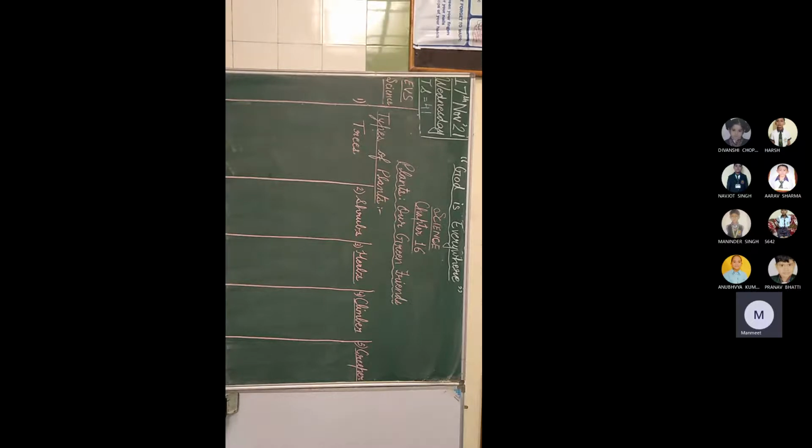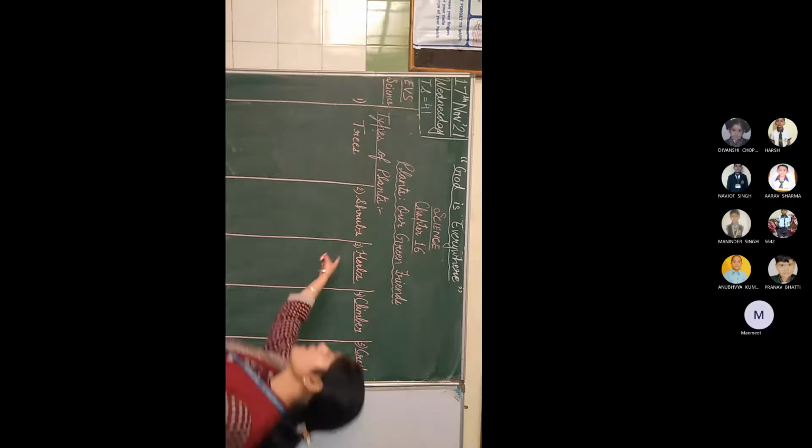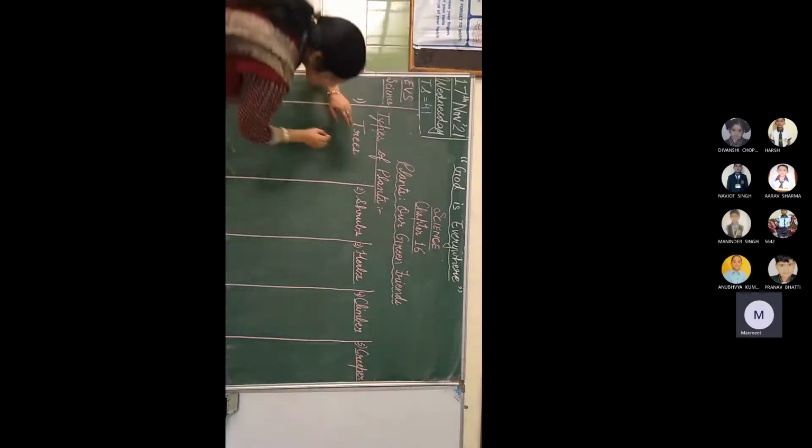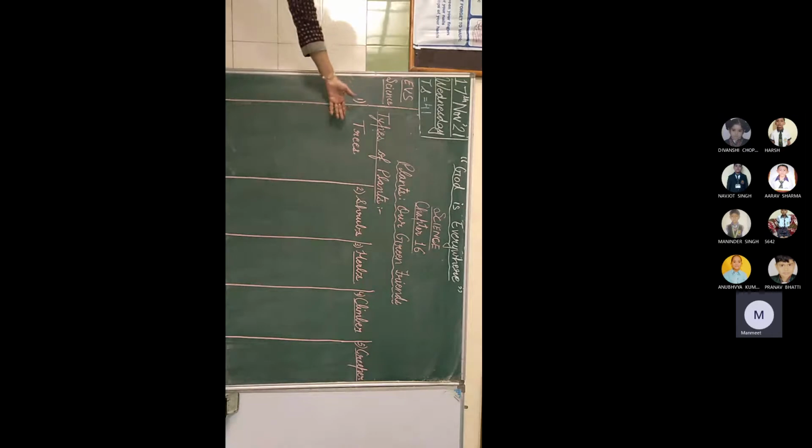Next comes, children, your types of plants. In types of plants there are 5 types: trees, shrubs, herbs, climbers and creepers. Trees live for many years. They have a long and woody stem.